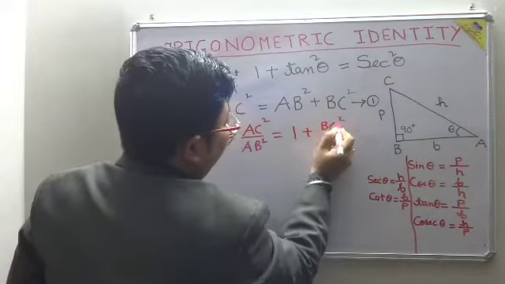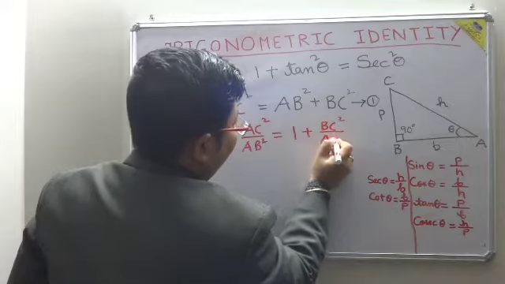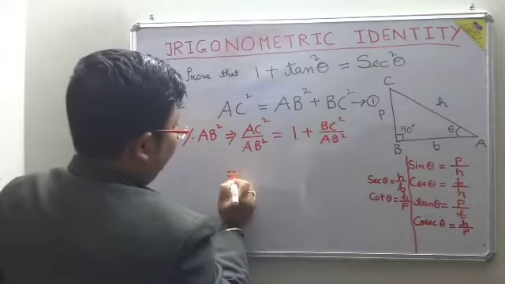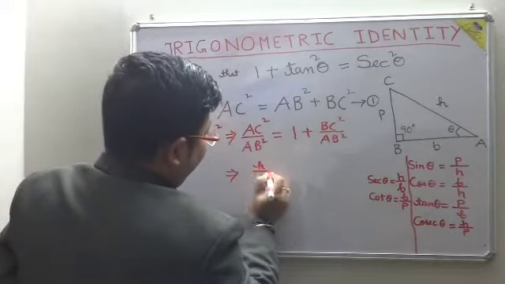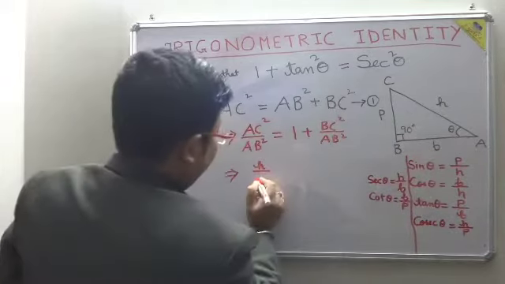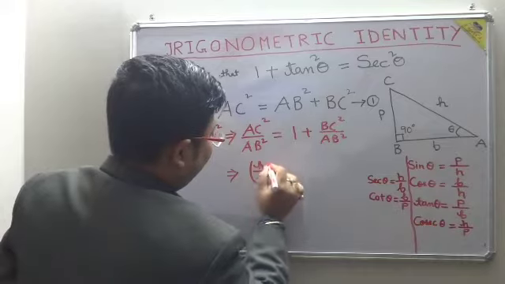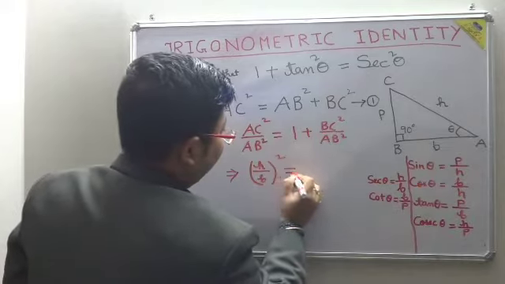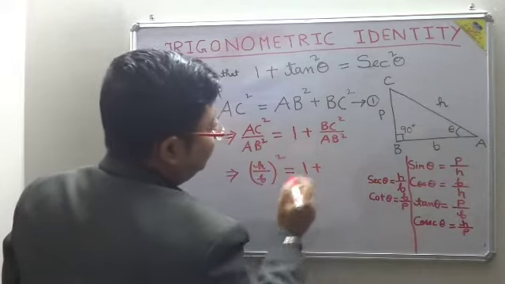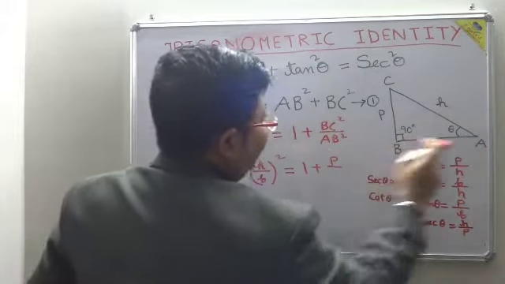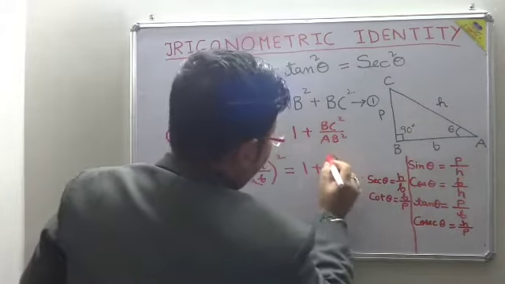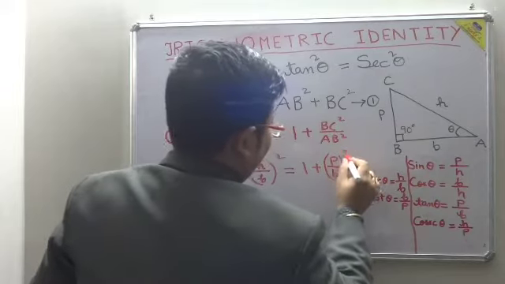Now AC, the hypotenuse, by AB, the base, whole square equals 1 plus BC, the perpendicular, by AB, the base, whole square.